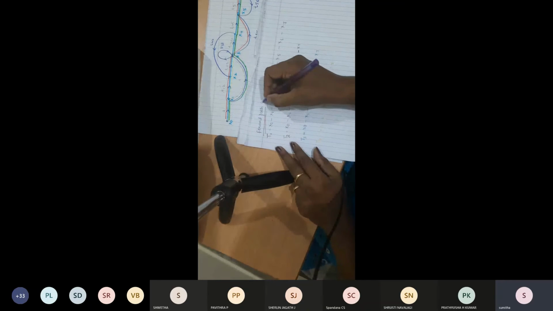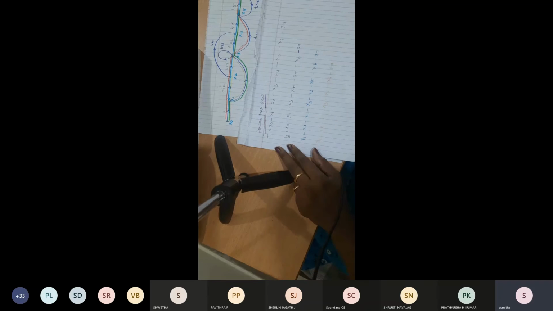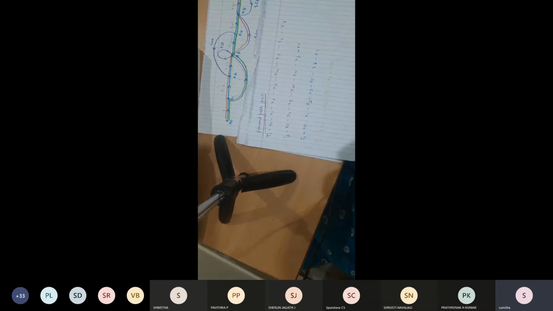Suppose in place of this it can be 5, 6, 7 and so on; it depends on the problem. For now, we have to find out the path gain. This is also called forward path gain. How to find this? For that, we need our forward path expression, that is the forward path equation.